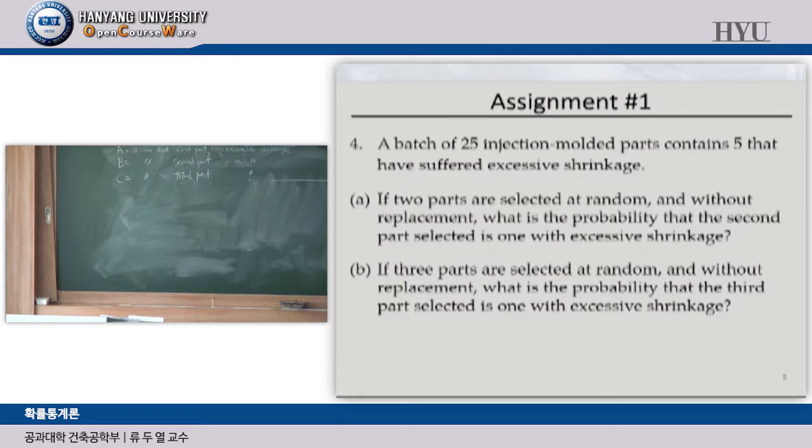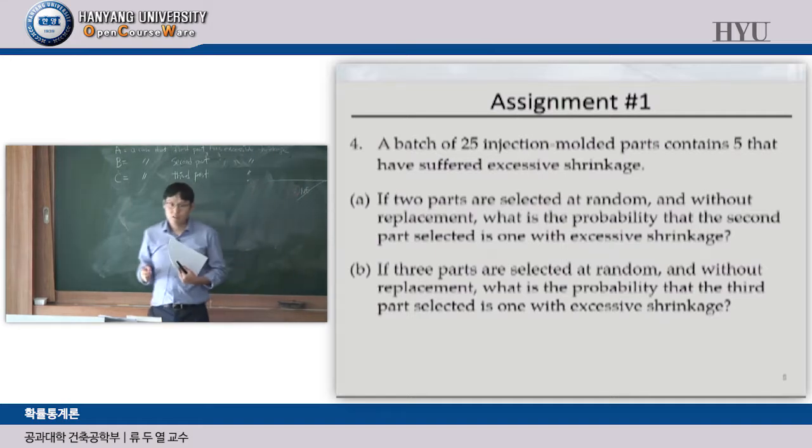This is the first part. We have two options, right? Non-excessive or excessive, right? And what is the probability of the non-excessive? That is 20 over 25, right? And the probability of E will be 5 over 25. Okay?